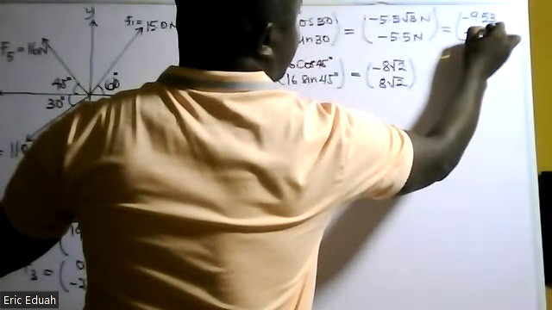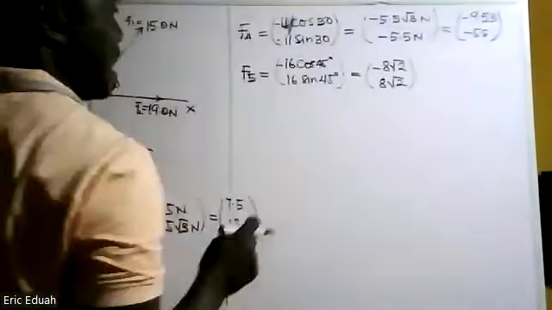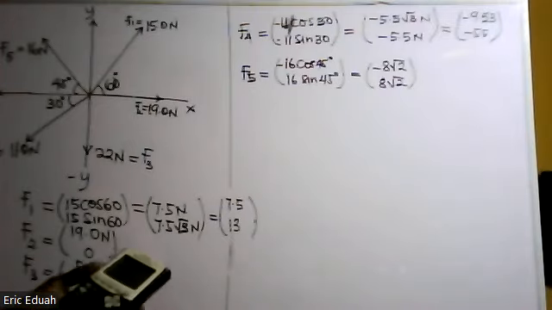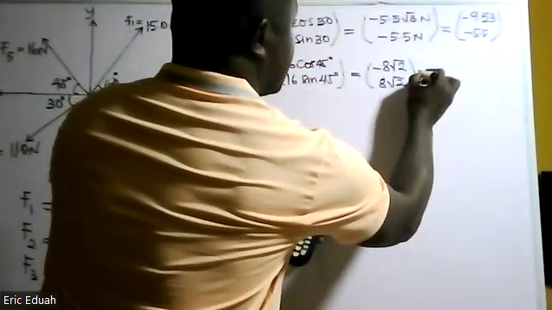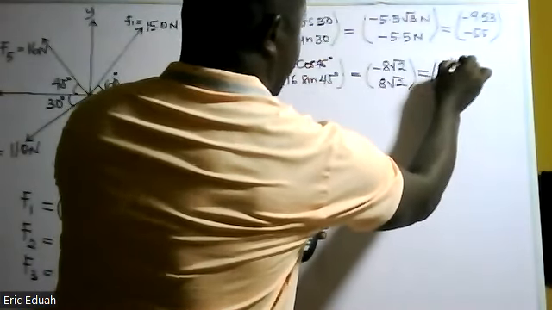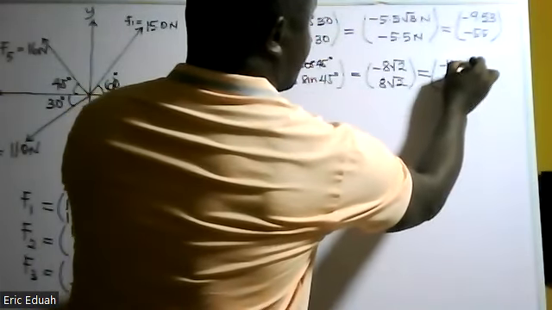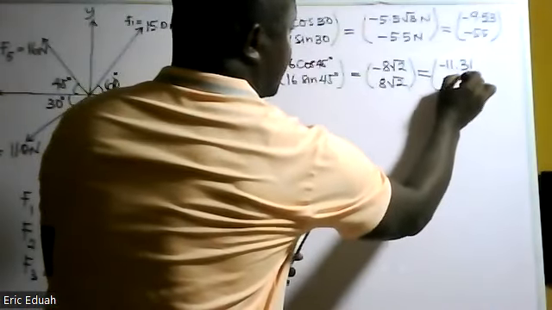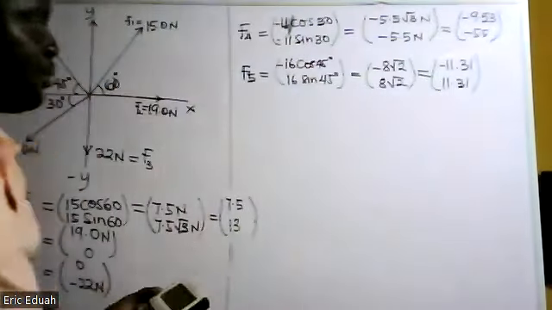And this is minus 5.5. Okay, let's look at 8 root 2. 8 times root of 2 is 11 point, so negative 11.31. And so this will be 11.31 positive.